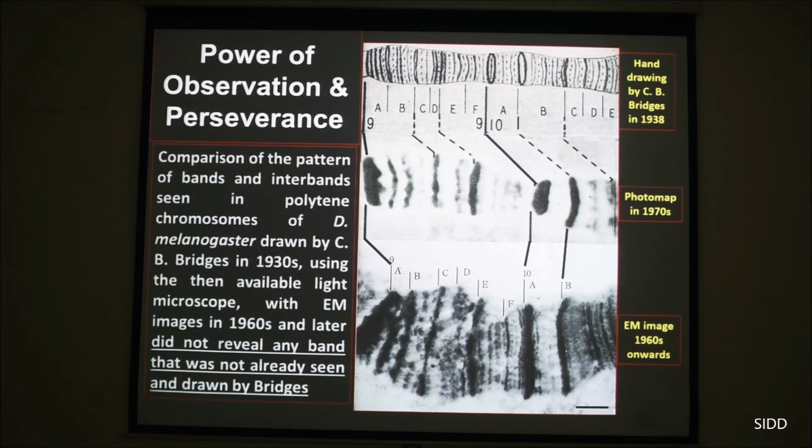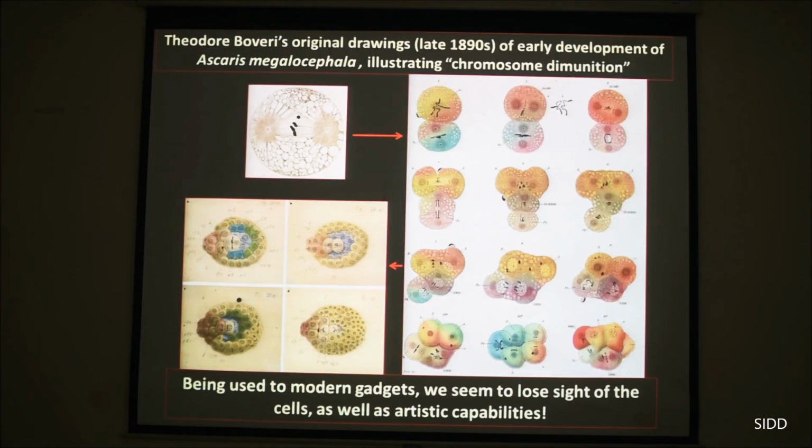Now one can wonder, did Bridges have EM eyes? He had eyes, and he had patience, and he had perseverance, and he could draw each one thousands of times. He would look at it, okay, this always looks like this, shape and size, exactly. And this is a tribute to the power of observation that Bridges and people of the earlier times had.